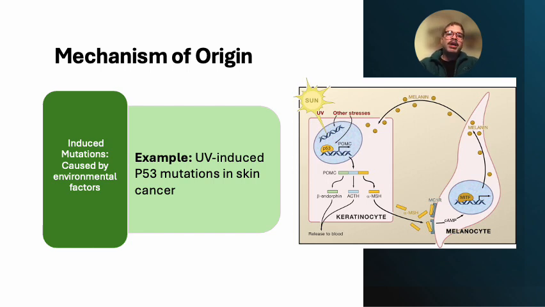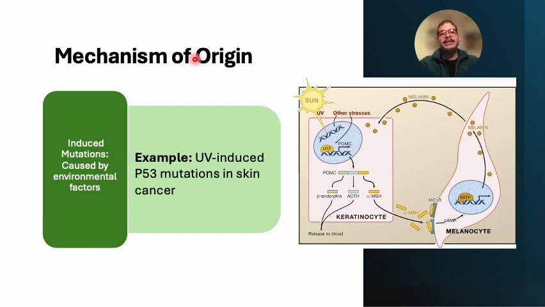This damage primarily occurs by forming pyrimidine dimers, such as cyclobutane pyrimidine dimers, or CPDs for short, and 6-4 photoproducts. These are covalent linkages between adjacent pyrimidine bases, thymine and thymine, in the DNA strand.